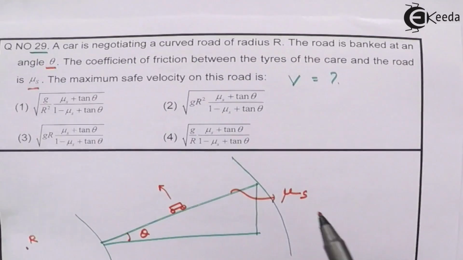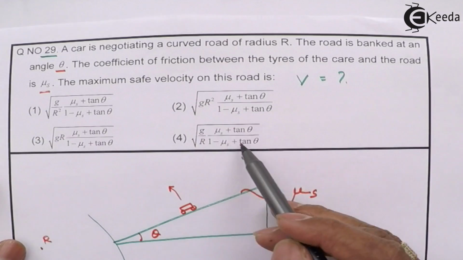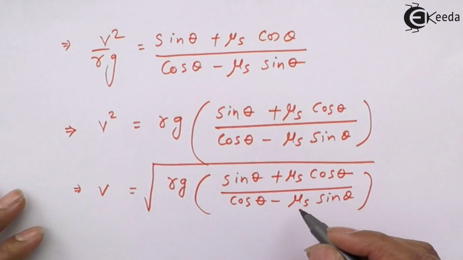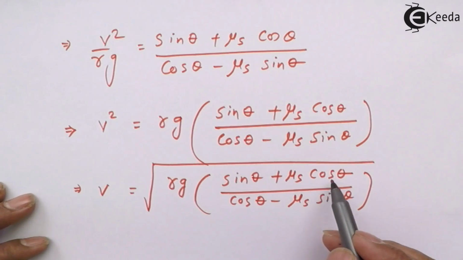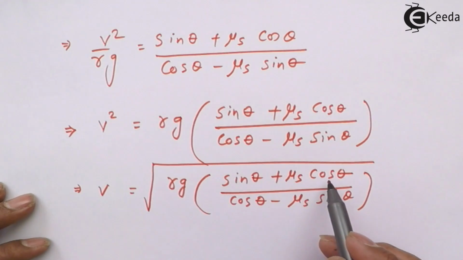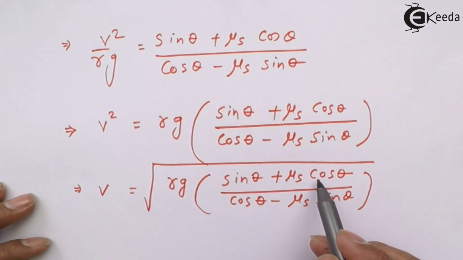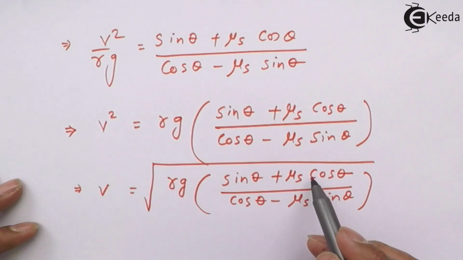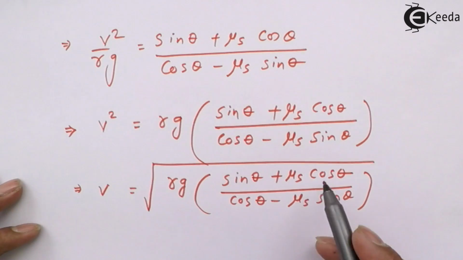If you see the options, there is no sin theta and cos theta, it is tan theta. So you have to solve it in the form of tan theta. So if I divide cos theta in each of the terms of the numerator and denominator, what will I get?